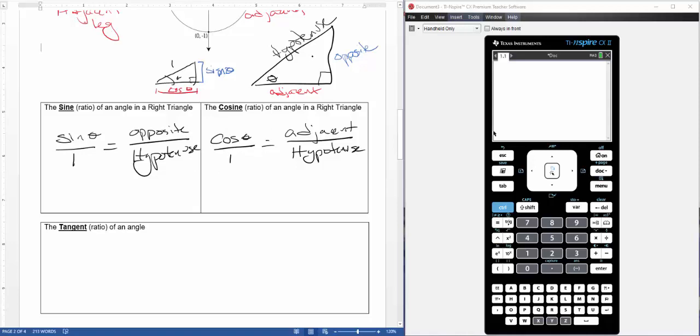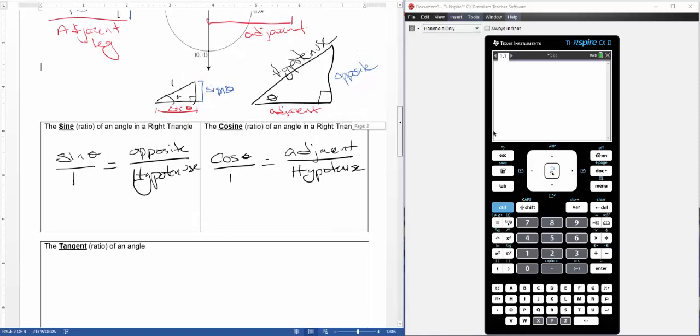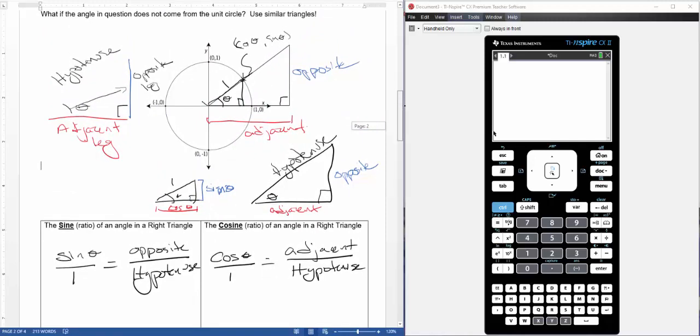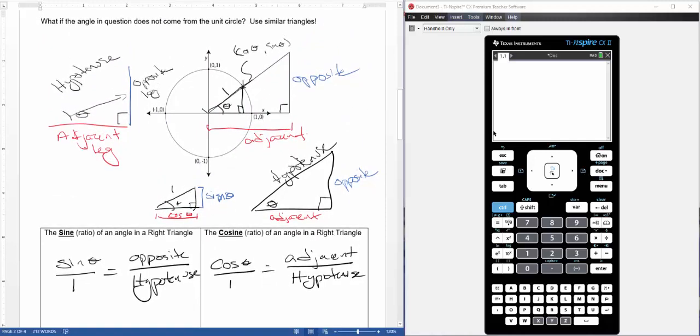There's one other important feature we see. It's called the tangent of an angle. Geometrically, if you look at a radius of a unit circle, we say the tangent is the slope of that radius.